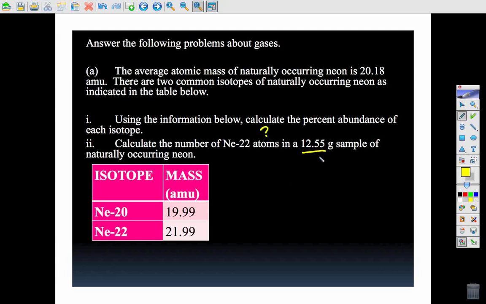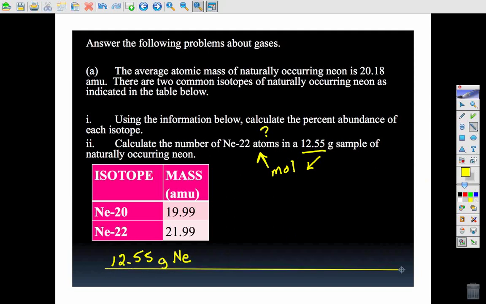So we have a stoichiometry. We need to go from mass to moles, always go through that whole heart of chemistry, and then moles to atoms. So I'm going to start with 12.55 grams of neon. A few of you aren't labeling your stoichiometries, and I think you're finding yourselves getting lost along the way. So you want to be very careful with that.